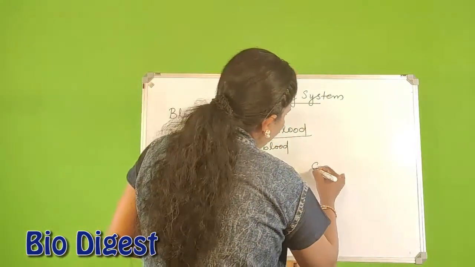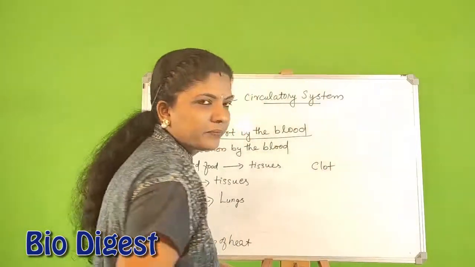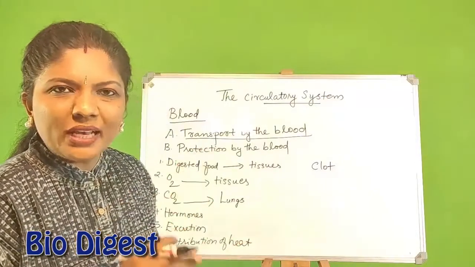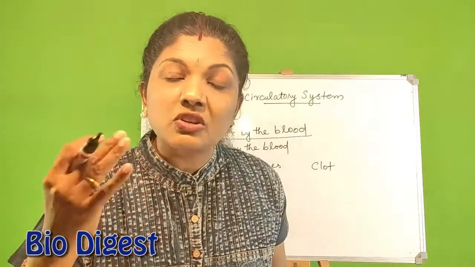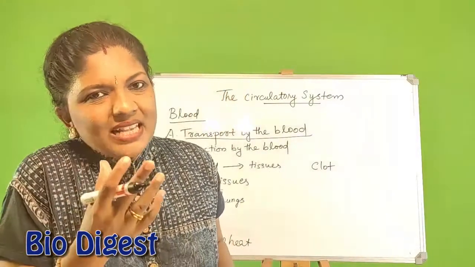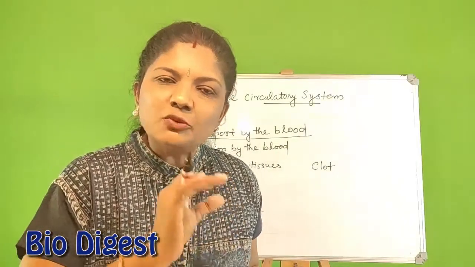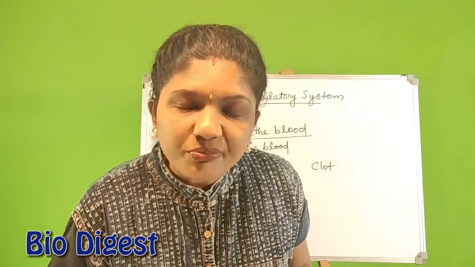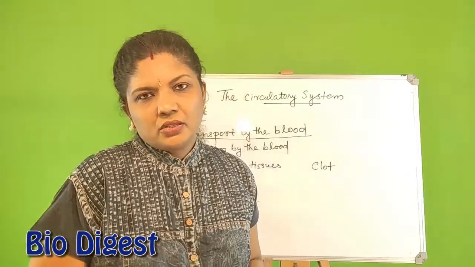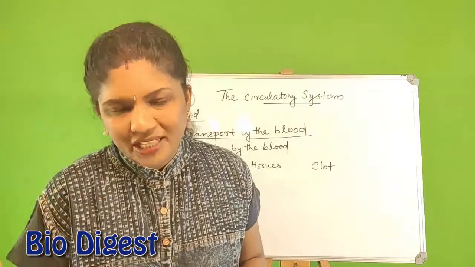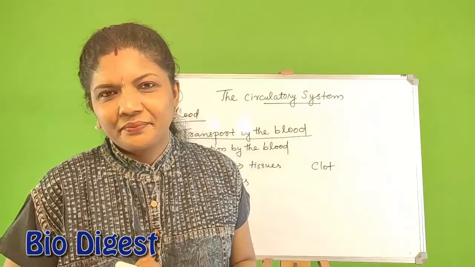By forming a clot, the blood is preventing further loss of blood. So blood has the capacity to form a clot, thereby preventing further loss of blood from the body. So that is one method of protection, isn't it?